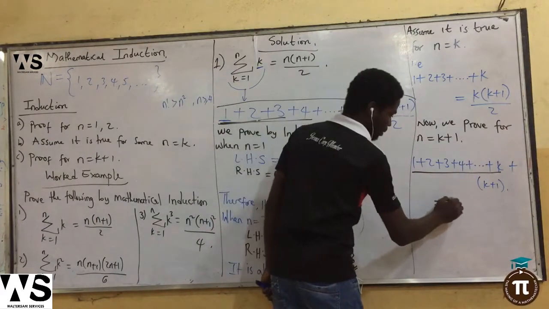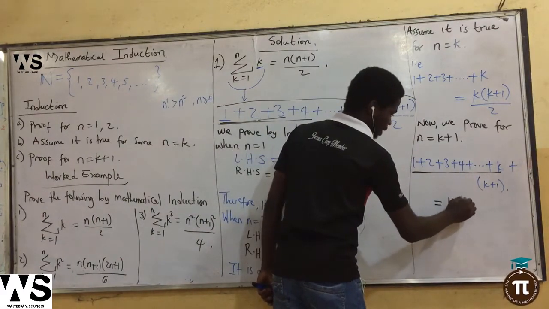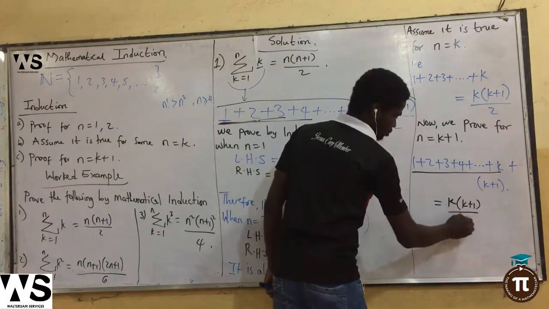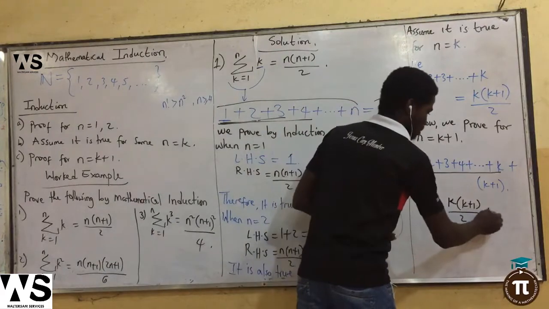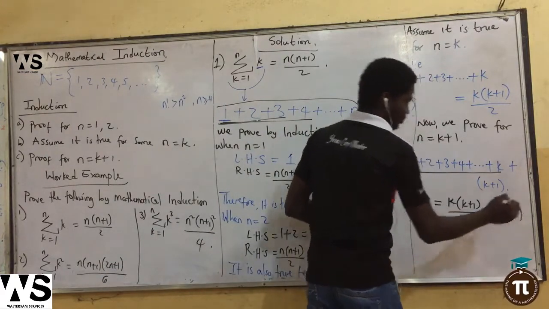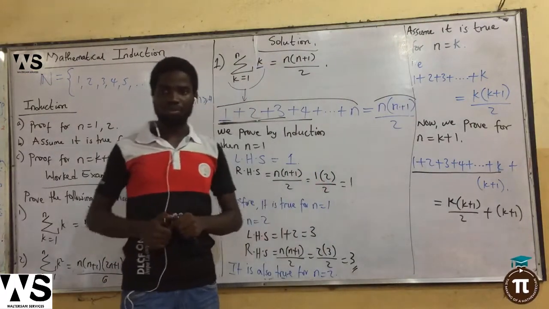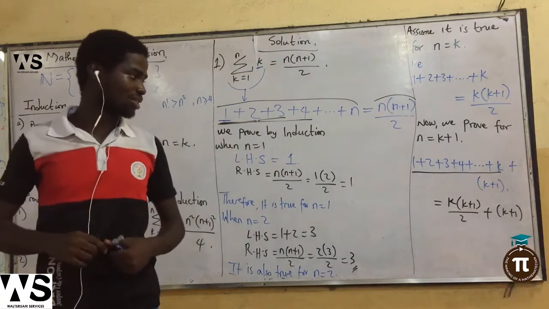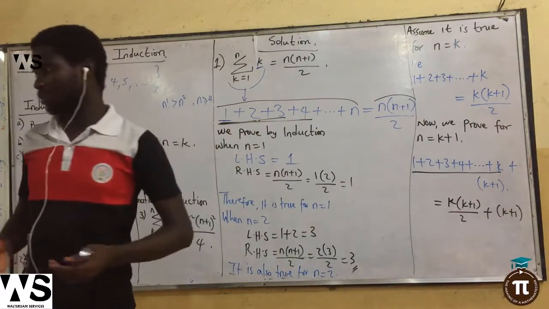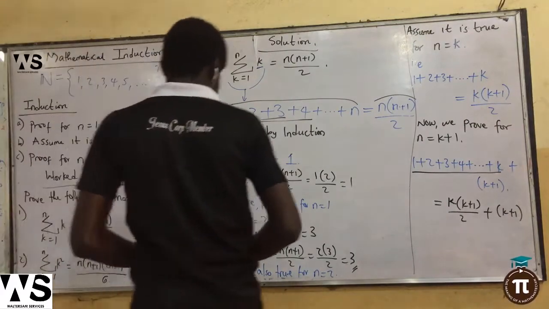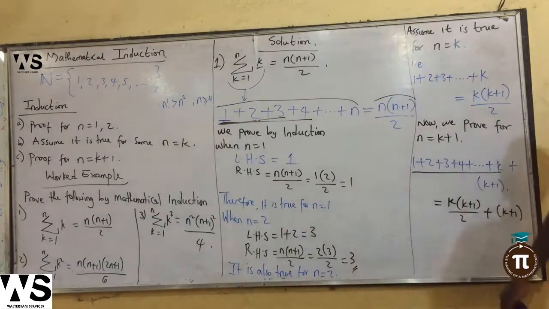I have k plus 1 divided by 2. That is the meaning. You can see what I'm saying already. Plus k plus 1. I know so many people probably are not seeing it yet. And I know why probably you can't see it well. It's because of the way I'm writing it.